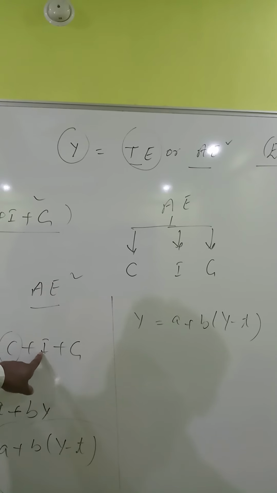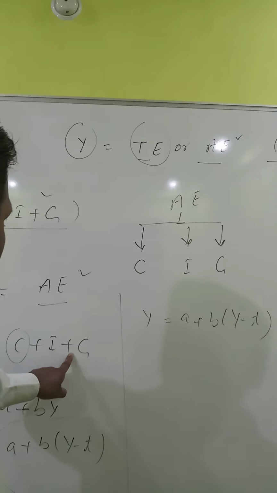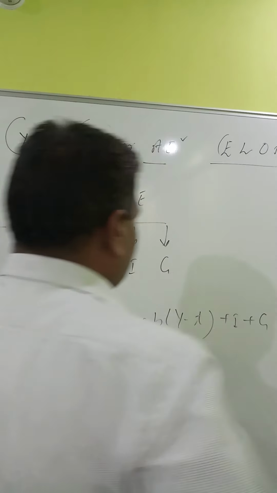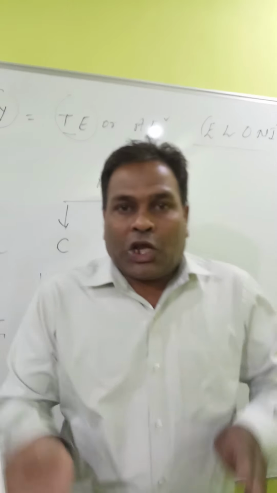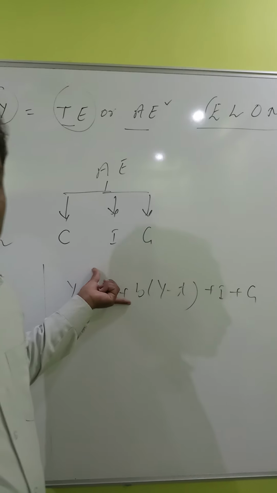Then the equation will be Y is equal to a plus b into (Y minus T), plus I, which stands for investment expenditure, plus G, which stands for government expenditure. So now we can easily find the equilibrium level of national income with the help of this equation.